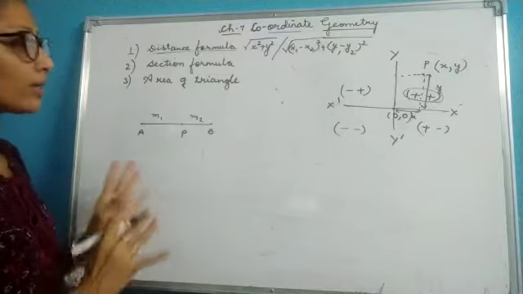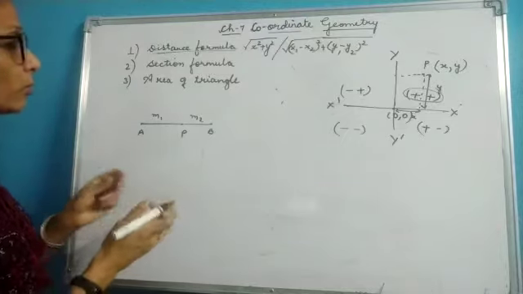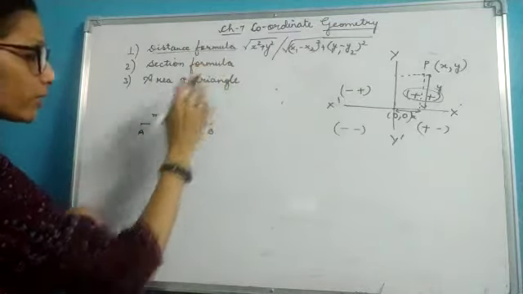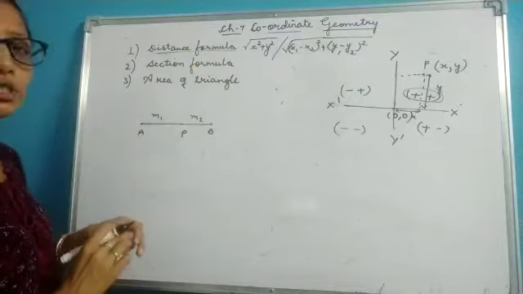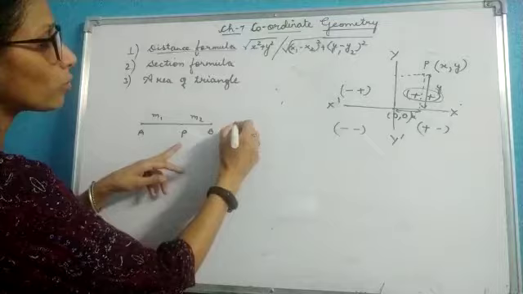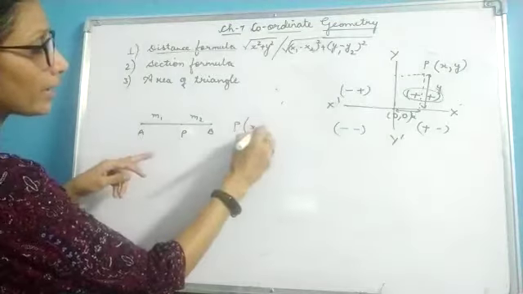You directly remember the formula, and how the formula is coming, that I am telling you. This section formula actually gives me the coordinate of this point which is dividing this line AB. That means the coordinate of this point can be represented as x3 y3.